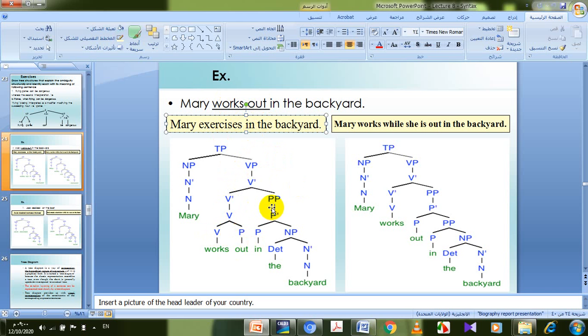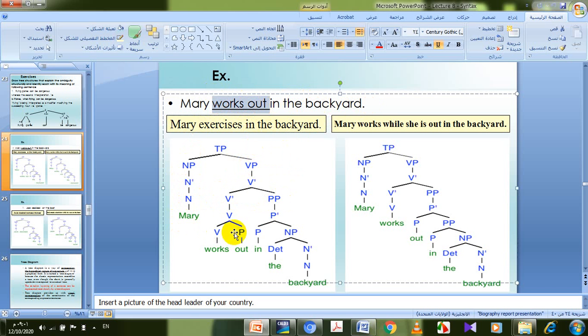Next, in the backyard is a prepositional phrase. Again, Mary is the noun phrase, and we have the verb phrase works out in the backyard: verb plus prepositional phrase.